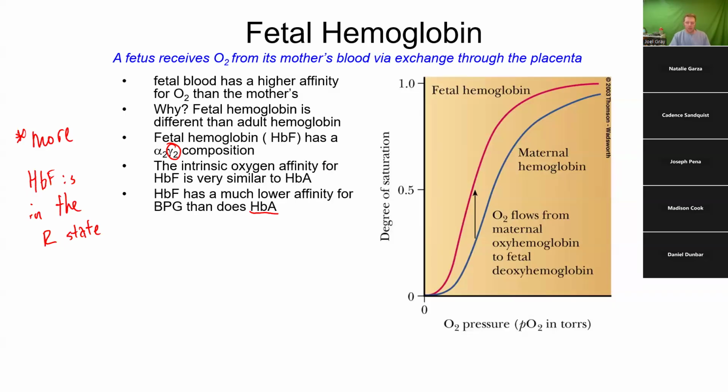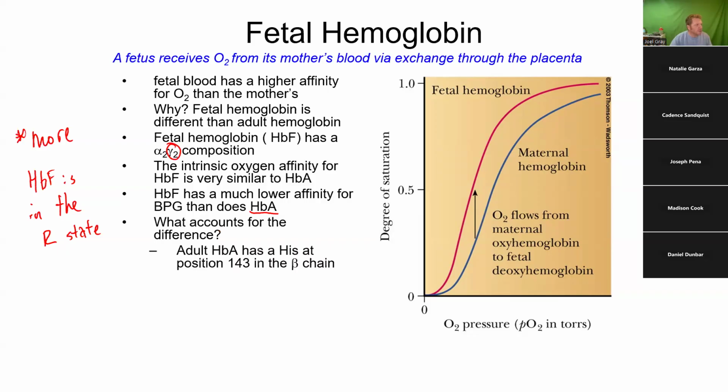So think about it as if you had HbA and HbF and you put them in one environment, a higher percentage of those proteins that are HbF are going to be in the R state, the active or the oxygenated form. What accounts for this difference? Well, as it turns out, there's an amino acid difference between them.